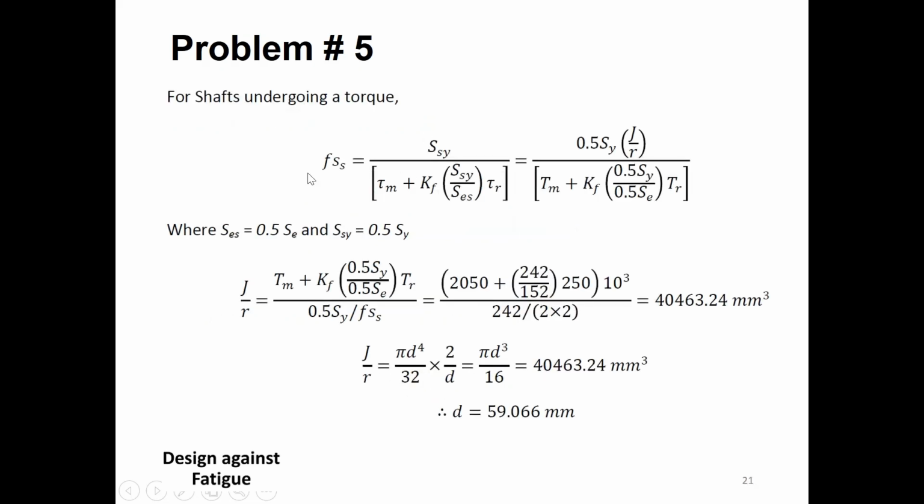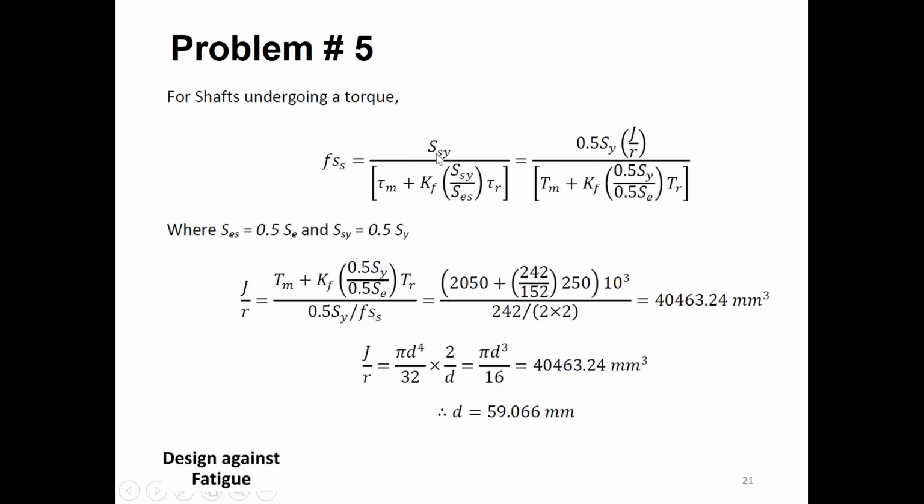In this equation, again the Soderberg equation for torsional moment, we have a mean shear stress and a reversed shear stress. If we multiply the top and the bottom of this equation by J over R, the mean shear stress multiplied by J over R is equal to the mean torque, and the reverse shear stress multiplied by J over R gives us the reverse torque that we have already.